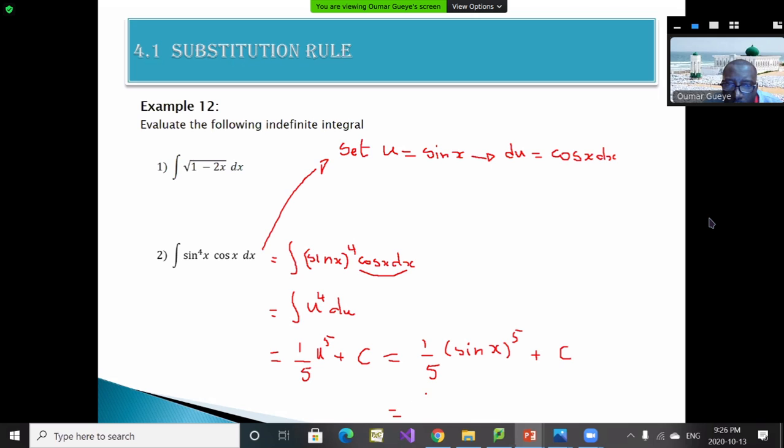The notation that we use is going to be just, when we drop the bracket, we have to move the power 5. It is going to be sine x to the power 5, plus the constant c. And you're done.